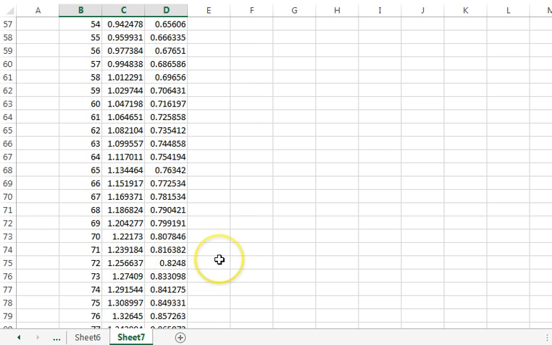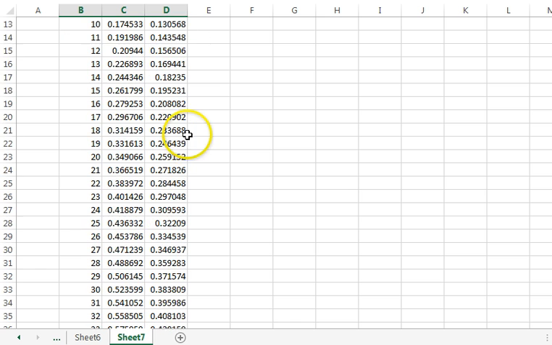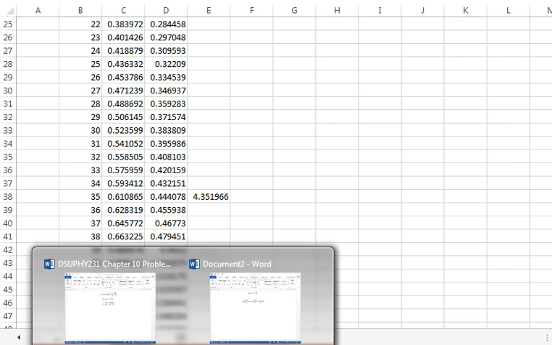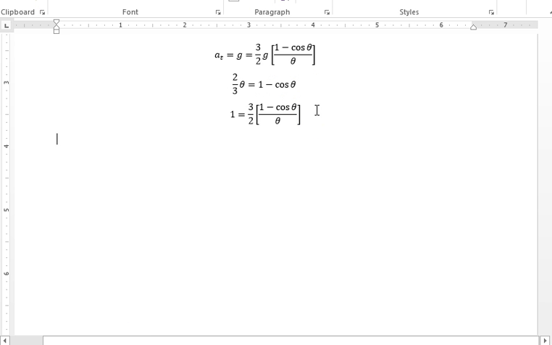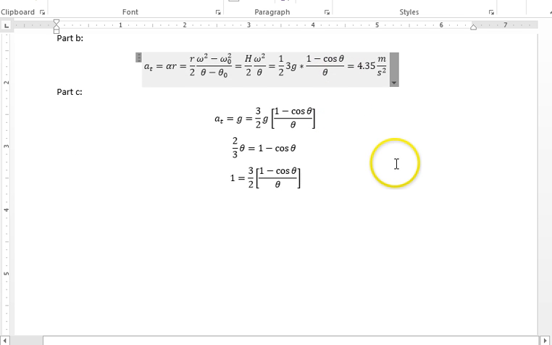We only get to 95% of g. Let's double check at 35: that equals that times 9.8, so 4.35. Yep. I don't know what they did in the book to get the answer they got, but I get that there is no solution to this between 0 and 90 degrees. We're just going to live with that right now until you guys can figure out what I did wrong, if anything. All right, on to the next one.